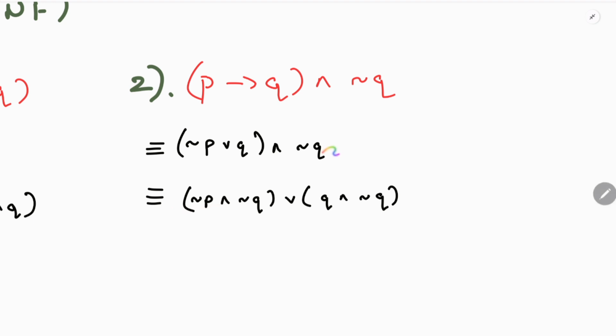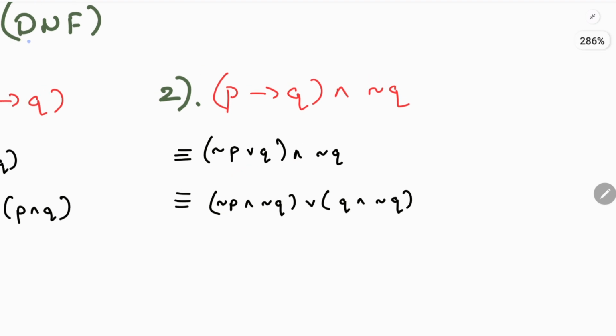We apply the distributive law in both. So first we gave negation p and negation q here, and the second one we gave q and negation q, and here the sign which is inside we brought outside, which is disjunction, and the conjunction which is outside we made inside.